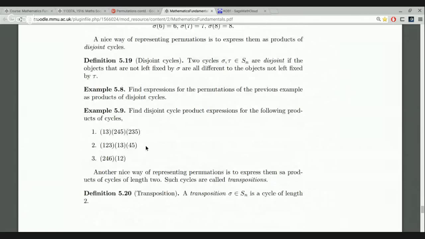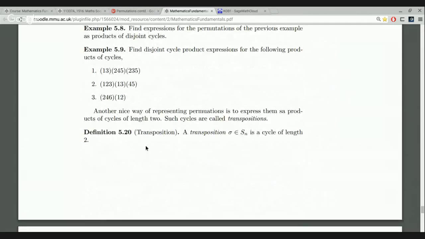So then we did some example, and I'll just do another one of these examples now before we continue, just to kind of reconnect with it a bit. So given any product of cycles, I'll just make up an example.